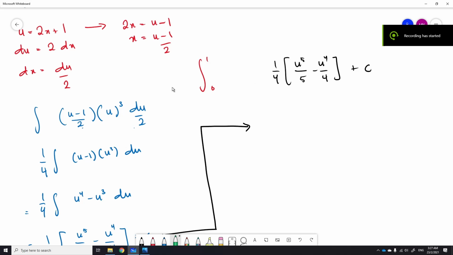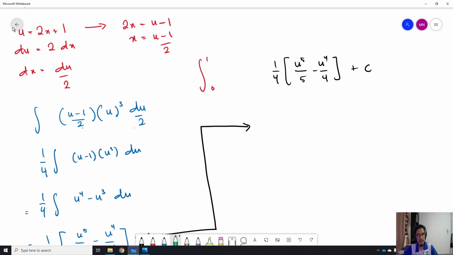Okay, so when we do integration by substitution, we said that u is equal to 2x plus 1, and we know that the limits 1 and 0 are values on the x-axis. So this is x equal to 1 and this is x equal to 0.